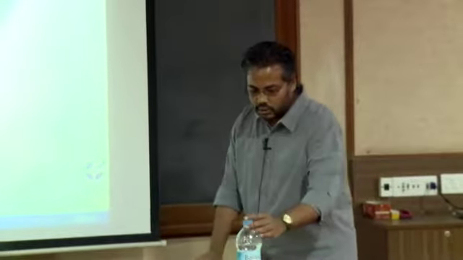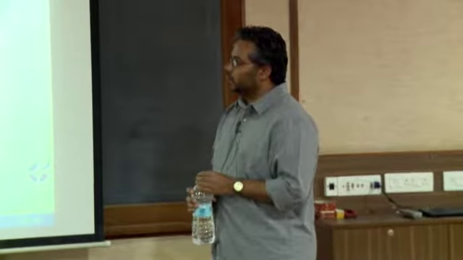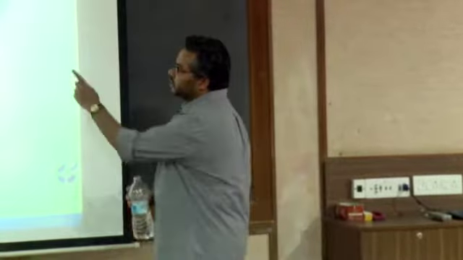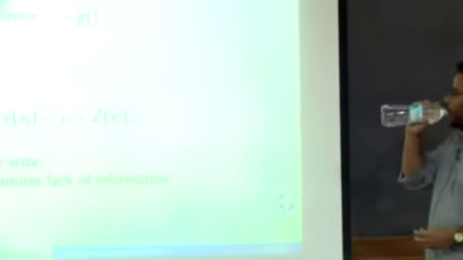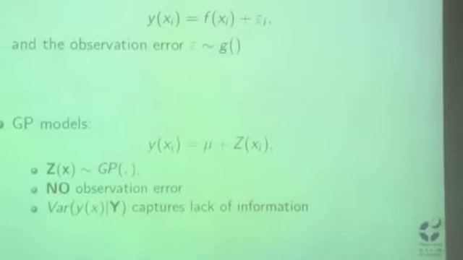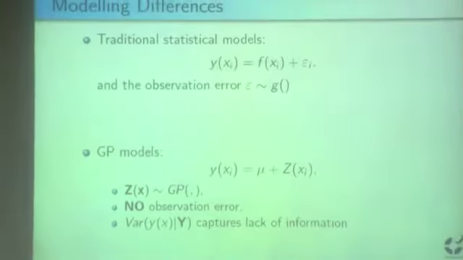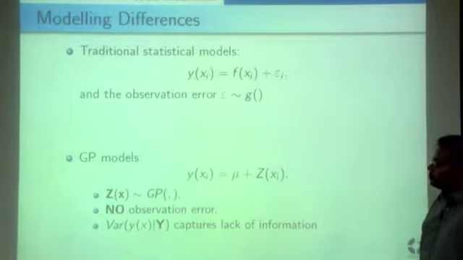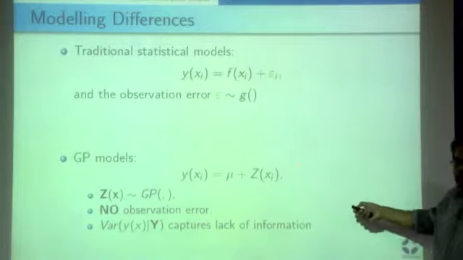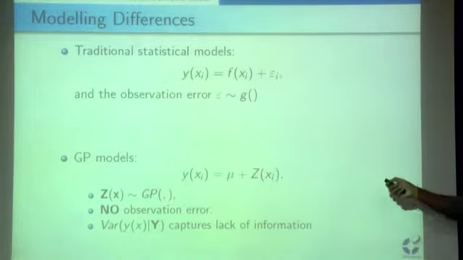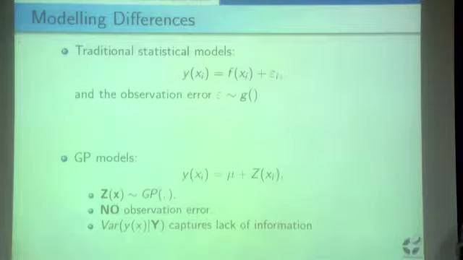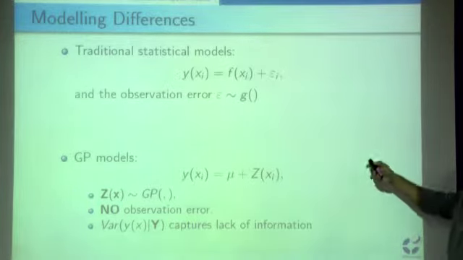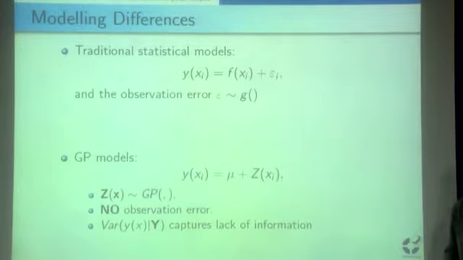Now, this modeling framework is slightly different from a typical statistical modeling framework, where y is f of x plus error. Here there is no error, because this error is the observation error, and all of the statistical distribution of the modeling that we see is based on what happens to this error.